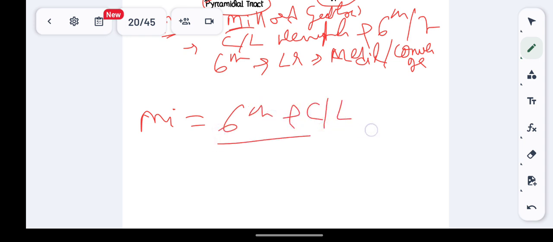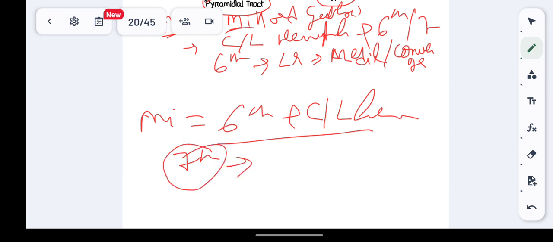That's all done. But the seventh nerve is also involved. We can or cannot remember it, it's our wish. The nuclei of the facial nerve are in the pontomedullary junction, so the fibers after the nuclei will be lower motor neuron.